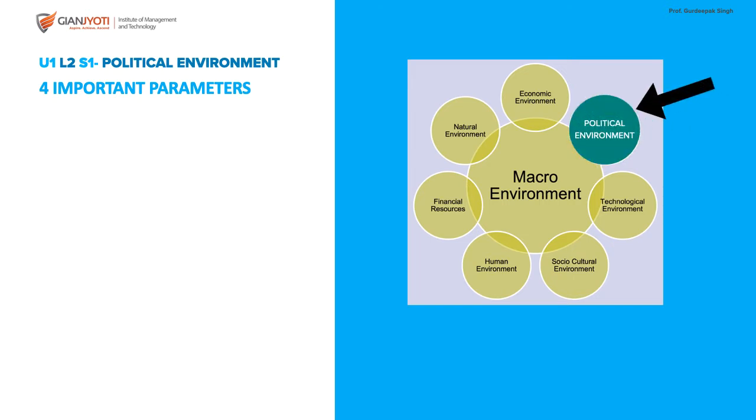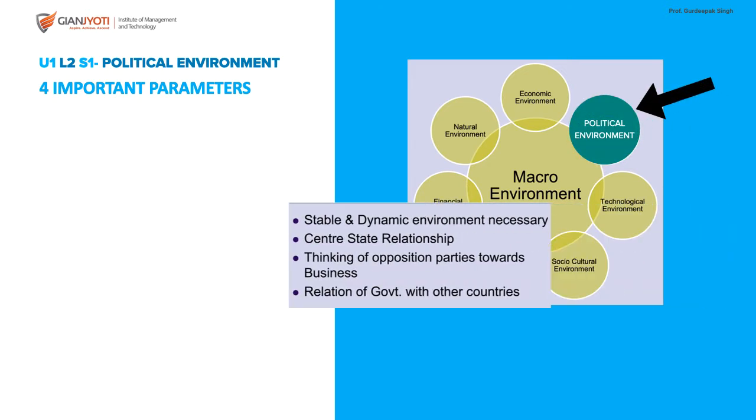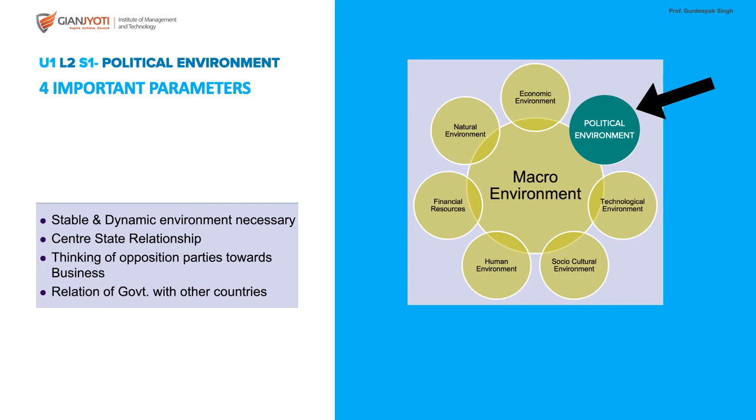So when we say political environment, there are 4 things which we discussed in detail in the last lesson. There has to be a stable and dynamic environment for businesses to grow. It is very important in a country, in a big democracy like India, where you may have a multi-party system, whereas there is one party in the center and there are other parties which are ruling the state.